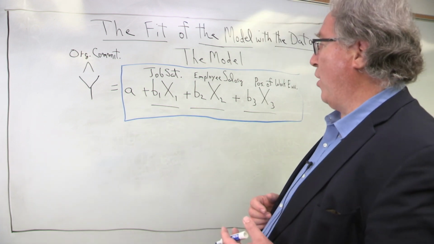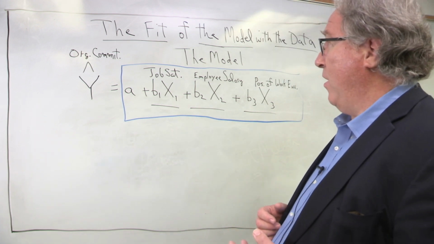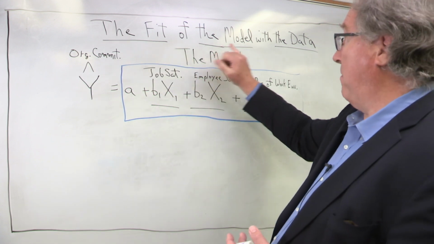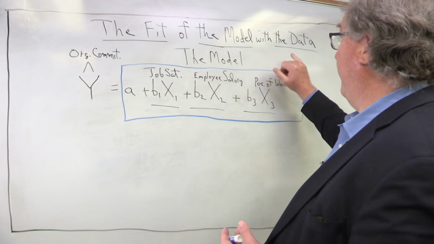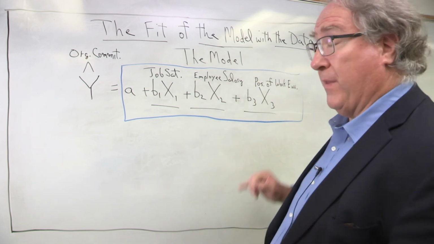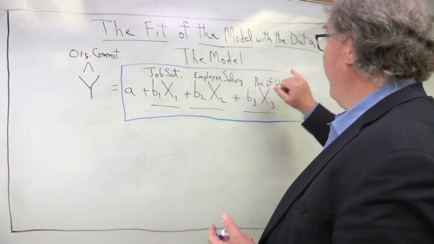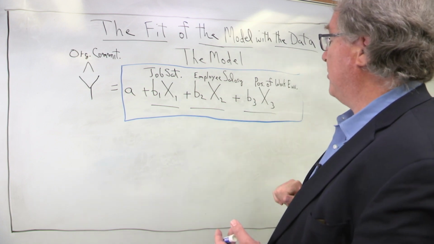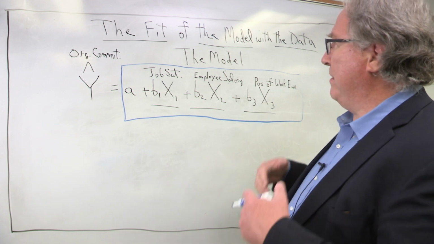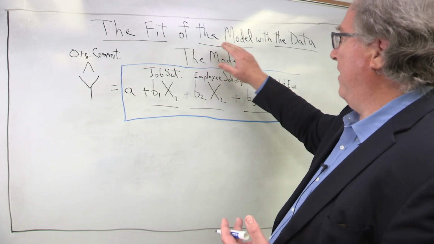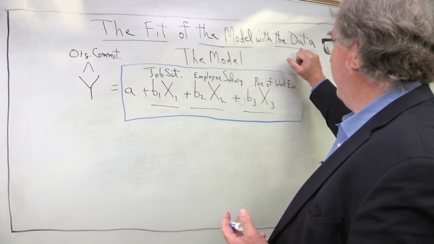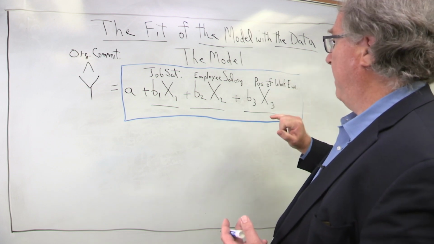Now let's say a little bit more about the model. Well, first of all, we're concerned about the fit of the model with the data, which again, as we know from the previous presentation, are the actual observed values on the outcome variable measure. Okay, so what do we mean when we talk about the fit of the model with those actual observed values on the outcome variable measure?